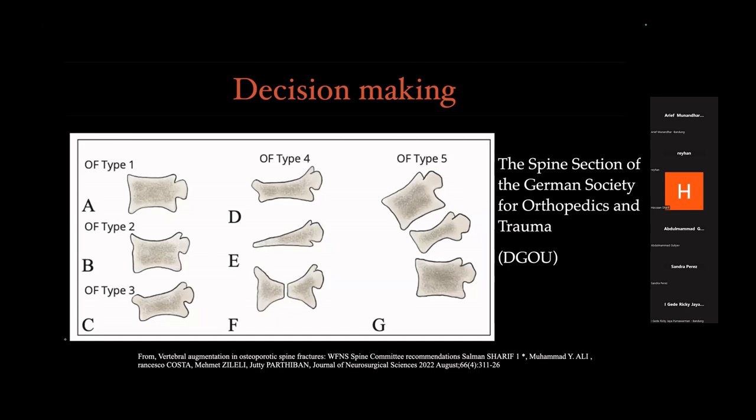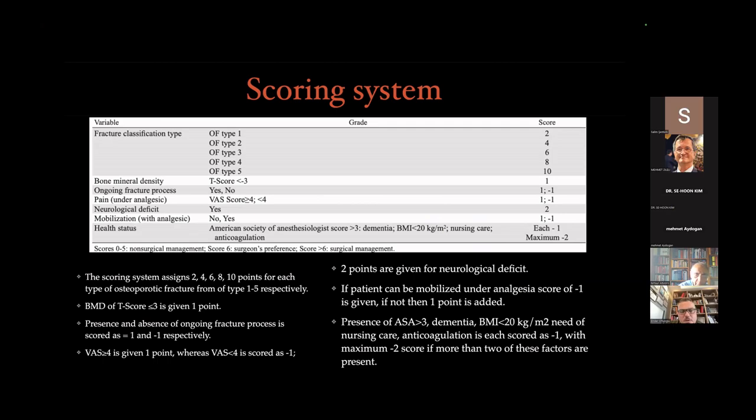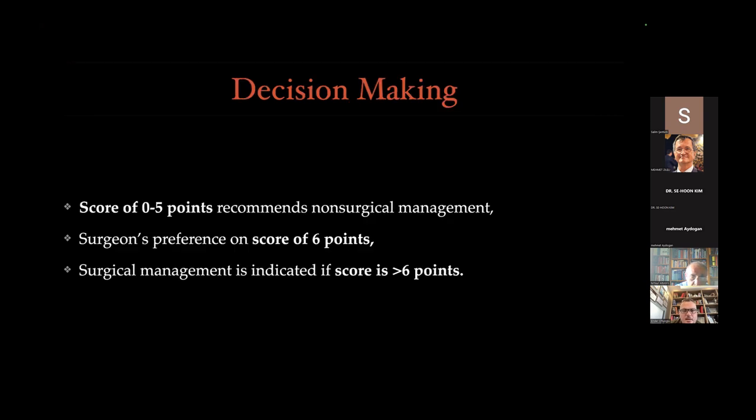These patients may have kyphotic deformation, so they devised a scoring system to decide on the operation, and they added some other tools to the scoring system. Finally, if the patient has a score of 0 to 5, they recommend non-surgical, conservative treatment.